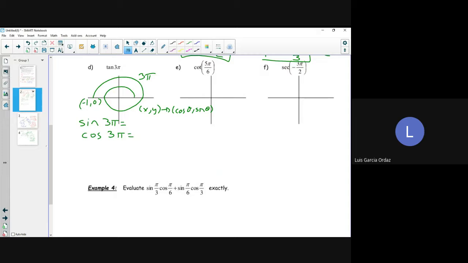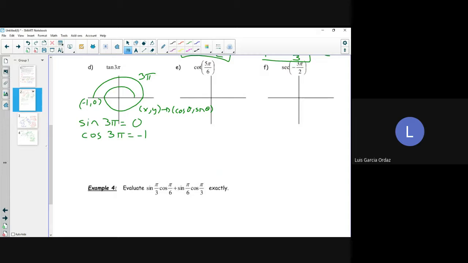So if we do sine of 3 pi, what does that give us? So sine of 3 pi is 0, and cosine of 3 pi is -1, okay?